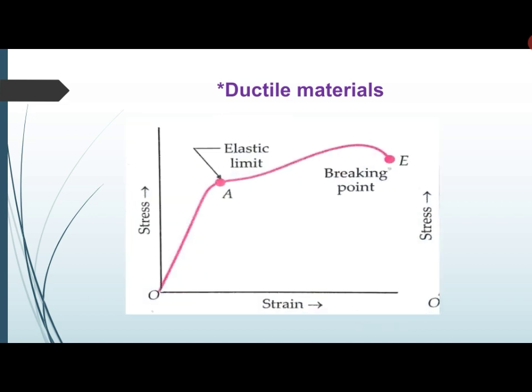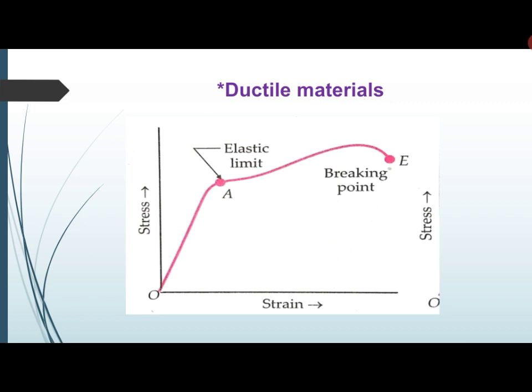Now let us first discuss the ductile material. You can see from this graph that there is a fracture point, and this fracture point is widely separated from the elastic limit. That is, the point A is far from the point E. E is our breaking point, the fracture point, and A is the elastic limit for this particular metallic material.